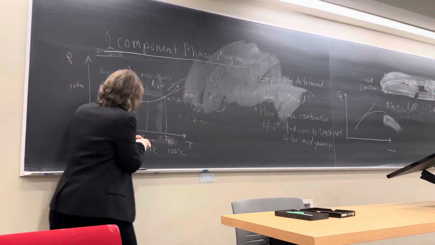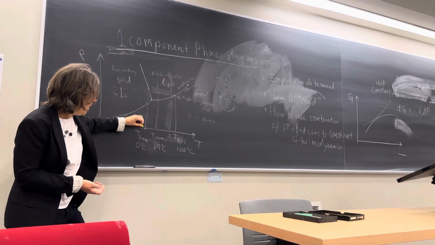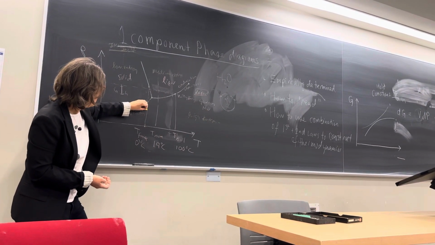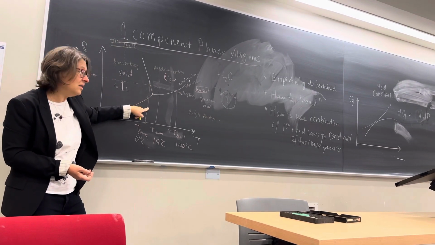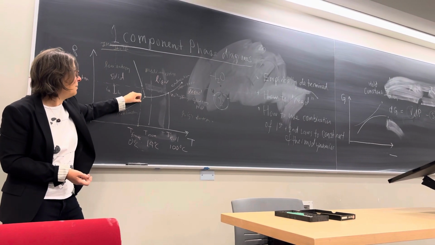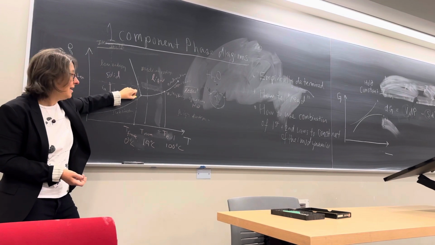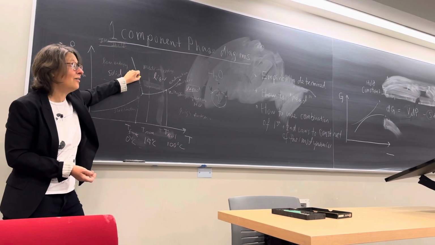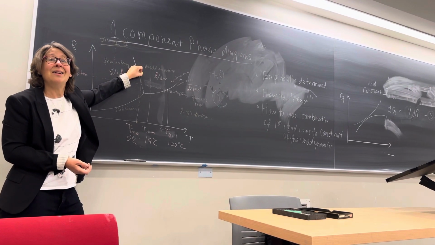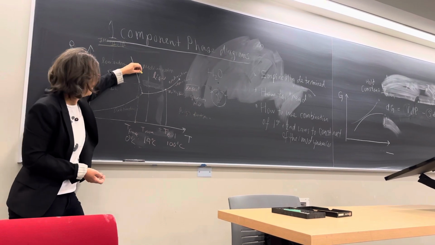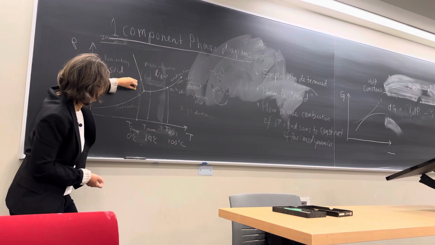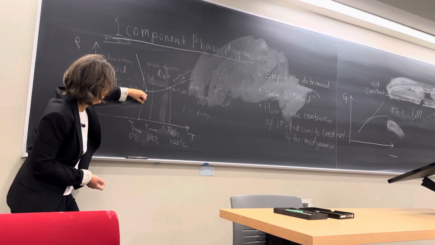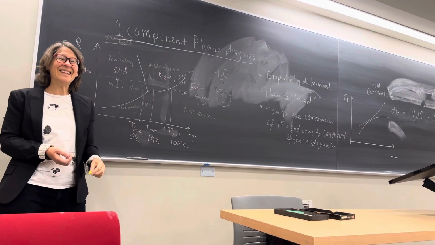So as we go from vapor to solid, we go from highest volume to medium volume, and then to liquid, which has lowest volume. V low, V medium, V high. Isn't that cool?